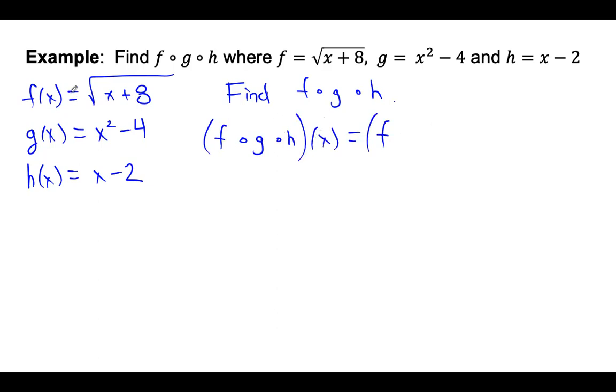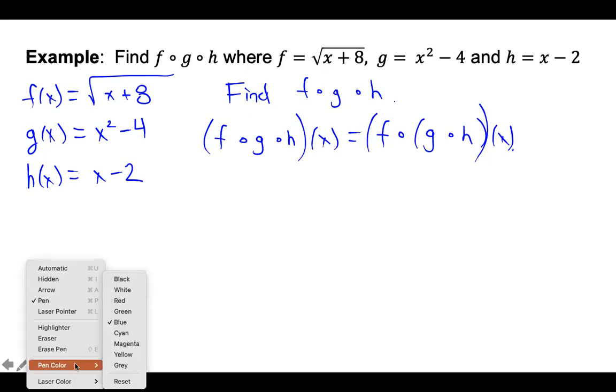You could do it f composite g, but then you have to work with the square root. So let's try to avoid it. And make a little note why.